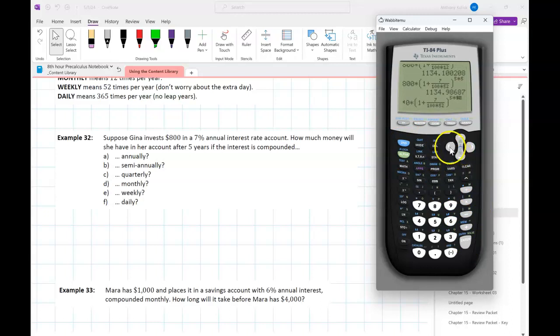It's close enough for government work anyway. And then going from 52 to 365 is 30 cents, less than a quarter. What's the takeaway? It gets less each time.